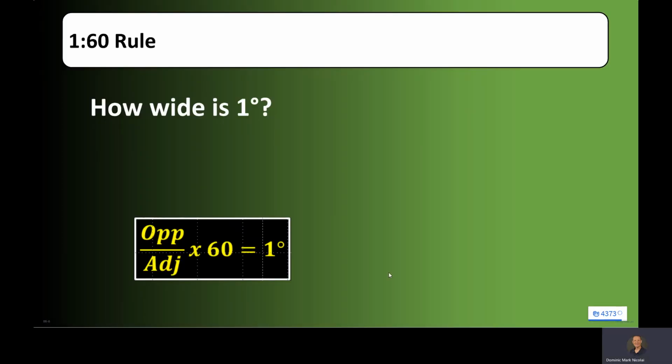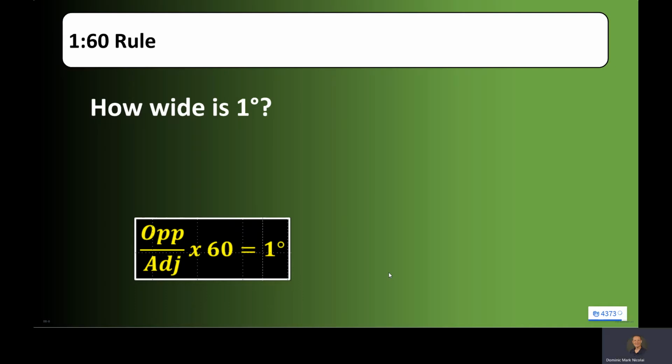Okay. When we look at angles, we're going to start with the real basic 1 in 60 rule. At some point, you may have wondered, how wide is 1 degree? Your instructor may have asked you, how wide is 1 degree? Being that it's an angle that has an origin point, as we radiate out from the source, that angle gets wider.